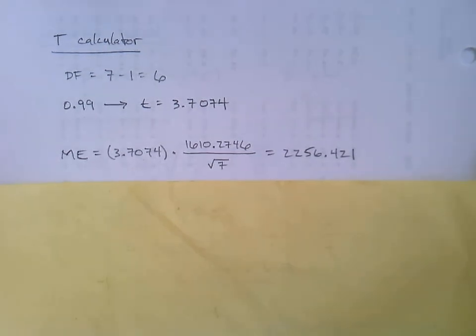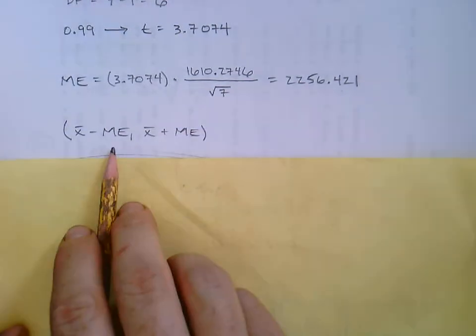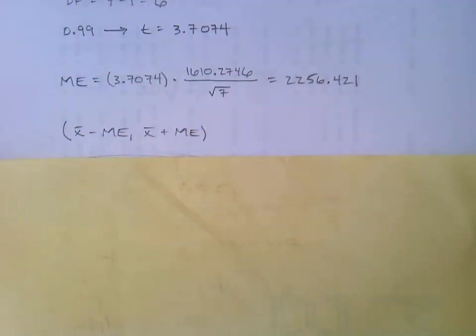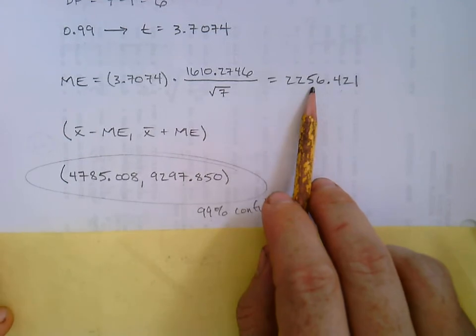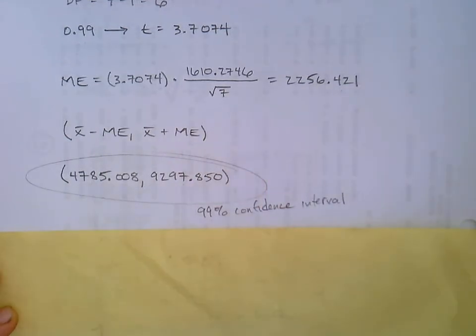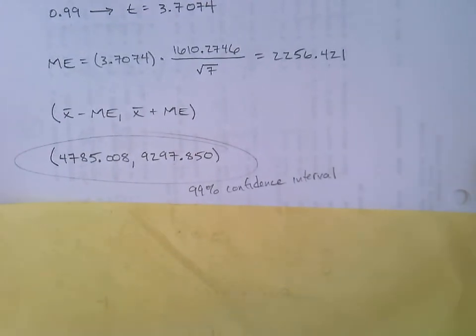Okay, once we have the margin of error, we're almost there. All we need to do is subtract that from and add it to the sample mean. So I'm just going to give you the final answer here. What was that sample mean? 7,041.4286.